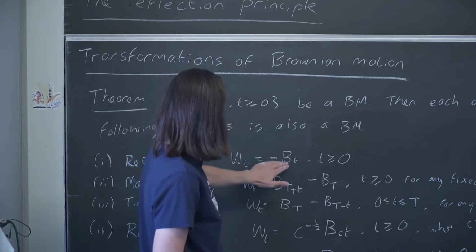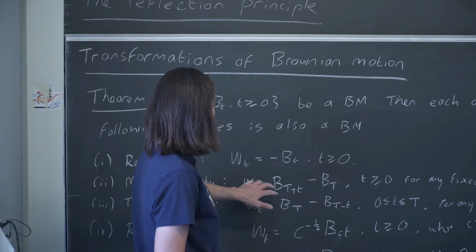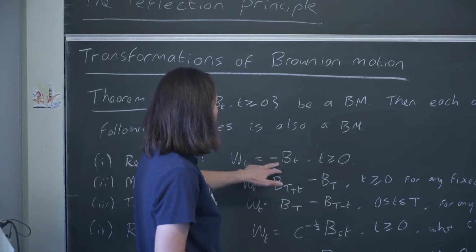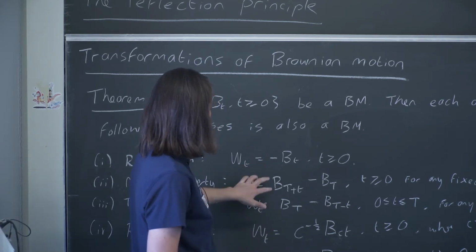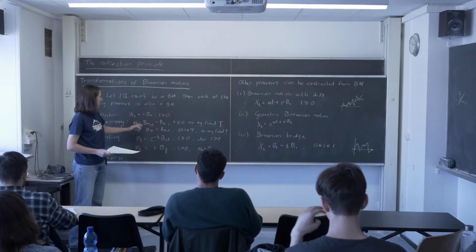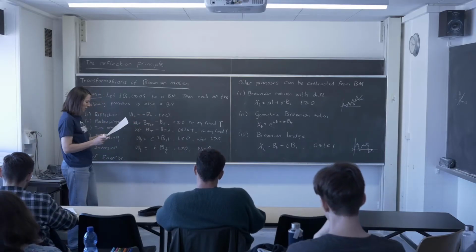Also, we know by this property that the negative of Brownian motion is itself a Brownian motion. So if I look at the negative of this, that also gives me a Brownian motion.